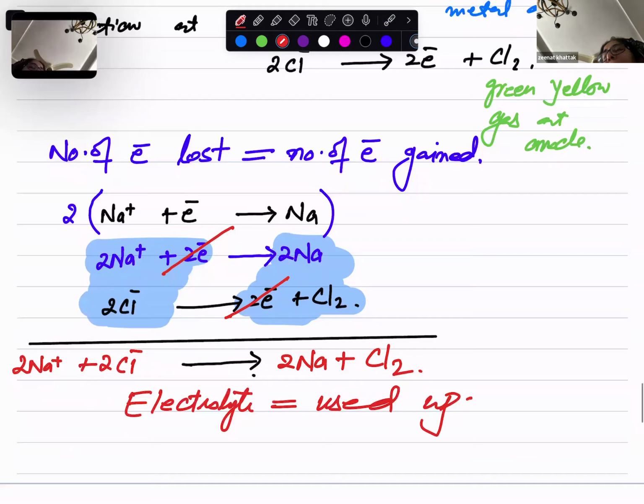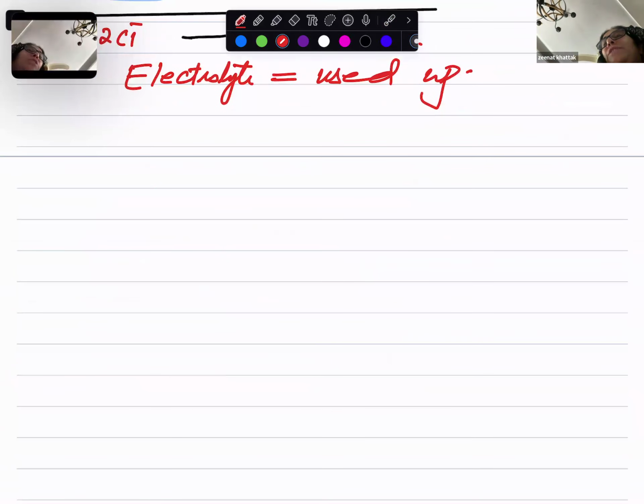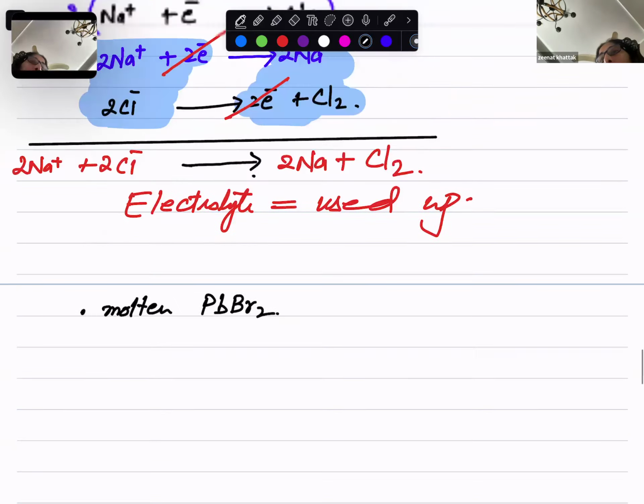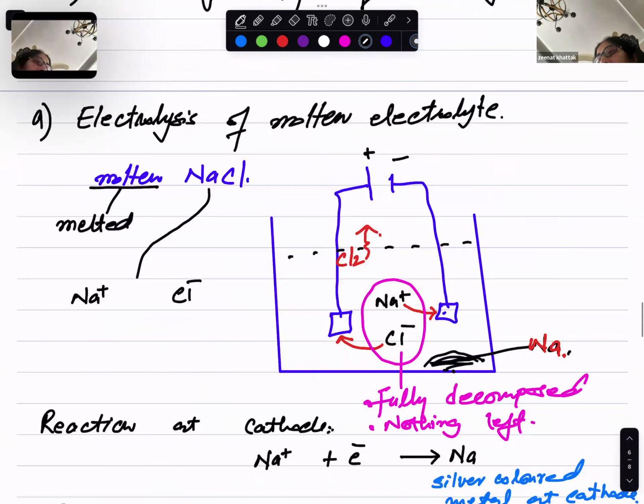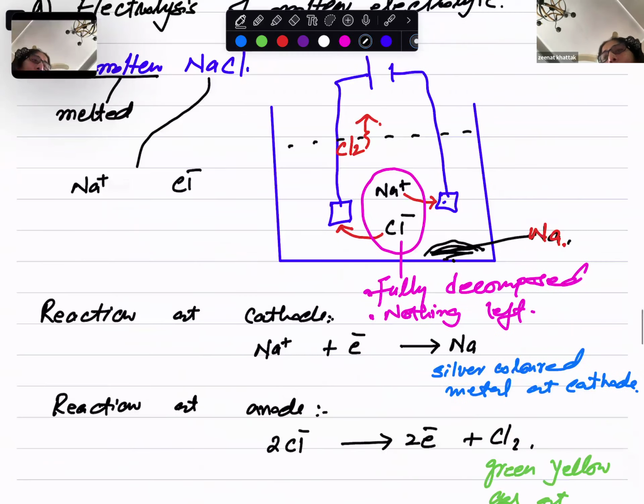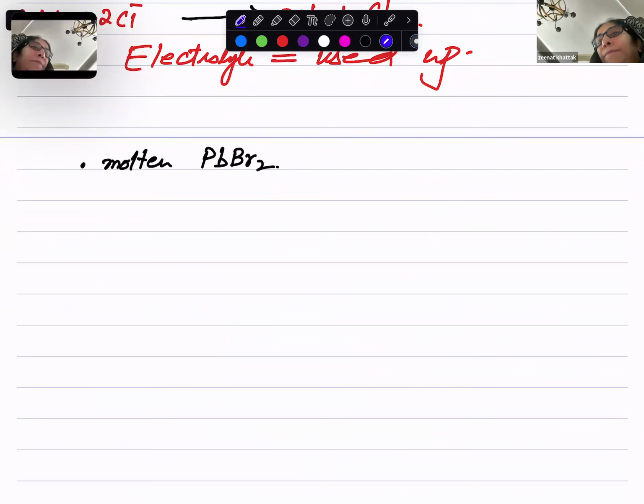Now, another example. Molten lead bromide. I want to draw it. Okay, I will draw it again.